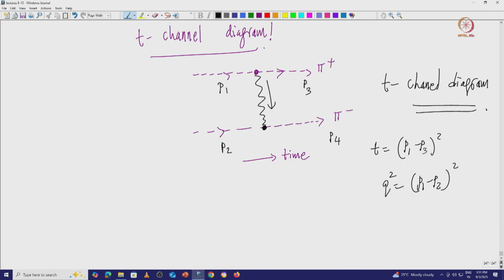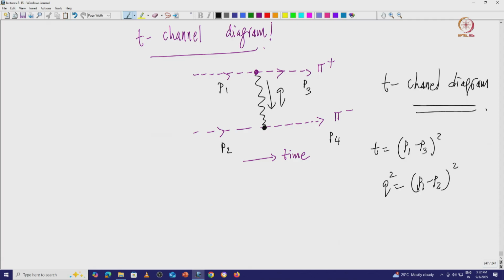So, P1 minus P2, Q is equal to P1 minus P2, and P2 plus Q is equal to P4, and P1 minus Q is equal to P3.